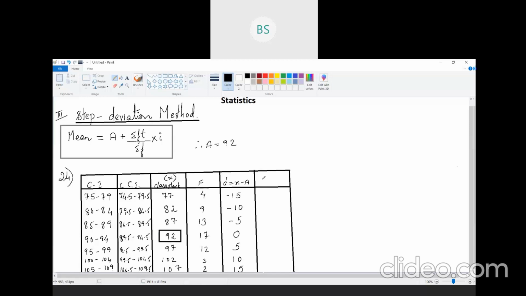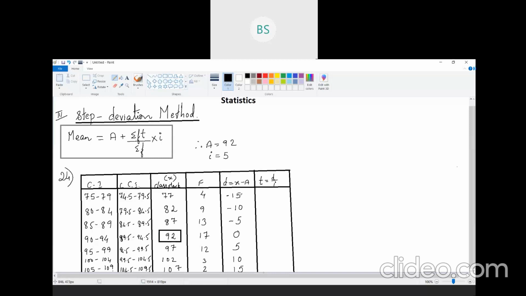Next column will be t, that is d divided by i. Now in the d column we can see the common difference between the terms is 5. So i is equal to 5.